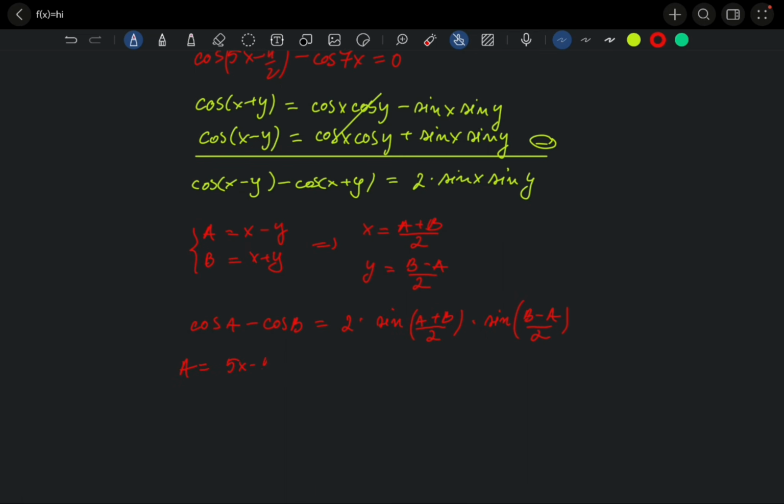In our case, a was equal to 5x minus pi by 2, and b is equal to 7x.